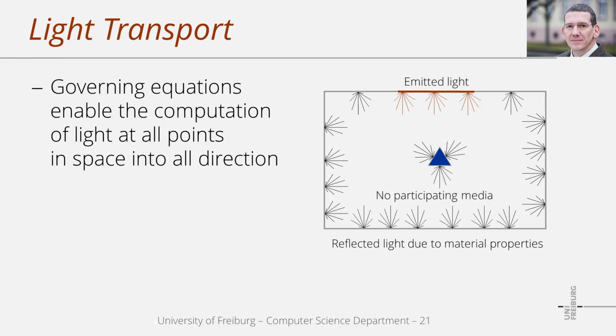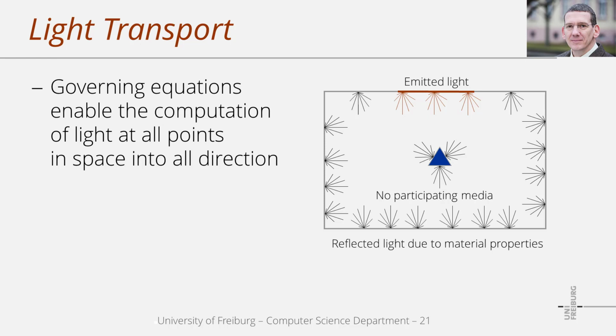Now, if we know how much light is generated at the light source into which direction, and if we know the reflection properties of all surface elements, then we can use the rendering equation to compute the entire light transport within this scene. In particular, we would consider the rendering equation at each surface element for all outgoing directions and then solve a system to simultaneously compute the entire light transport in the scene.